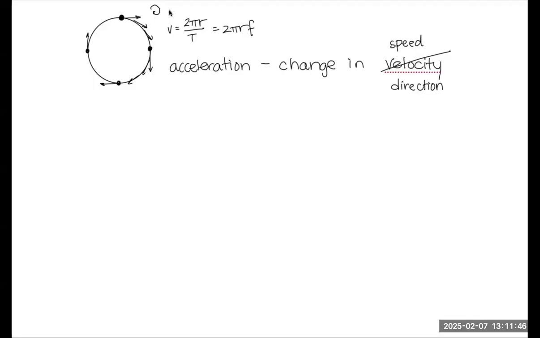So here, if it moves from being to the right, and then next thing we know, it's down, it must have been experiencing some force downward, or else it wouldn't suddenly be moving downward. And similarly, over here, when it's moving down, and then what's next? It's moving suddenly to the left. Well, it must be experiencing some force to the left.